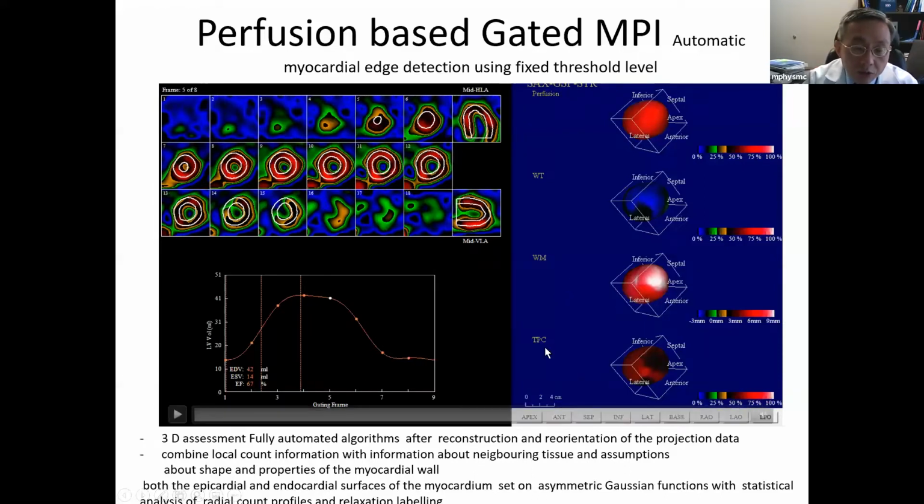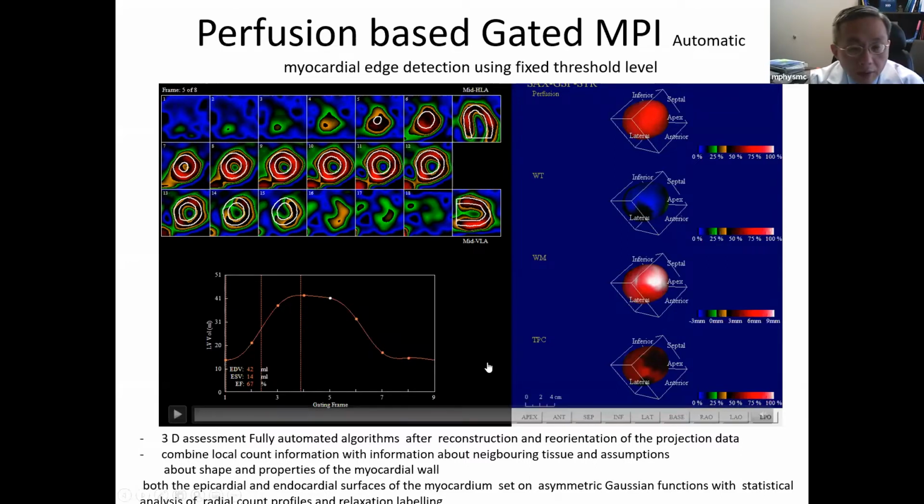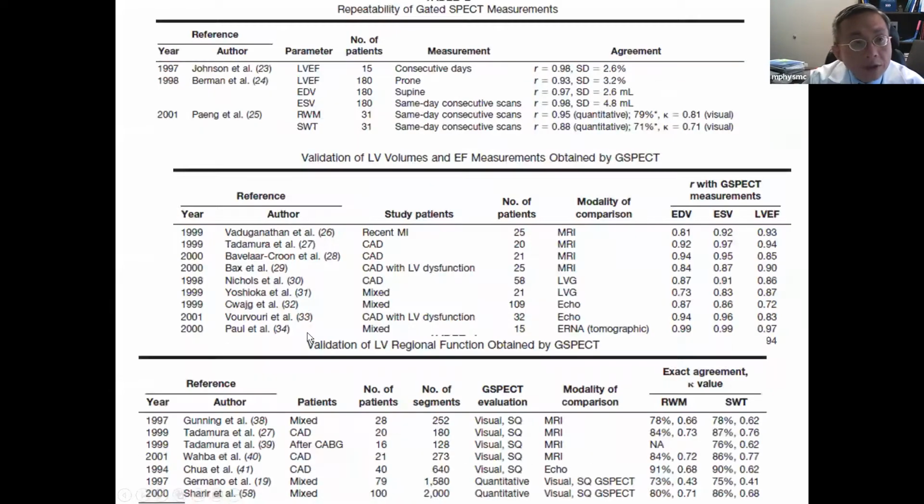You reconstruct the images, reorient from position data, and you can identify both the epicardial and endocardial surface and myocardium, and you do some mathematical analysis of the radiocount profile, and you can essentially generate volume. Again, it's gated; depending on how many frames, you can do 8 frame or 16 frame. That would determine a little bit different accuracy.